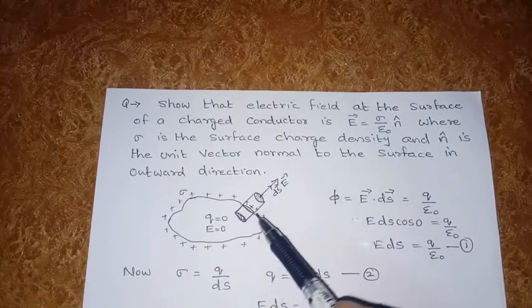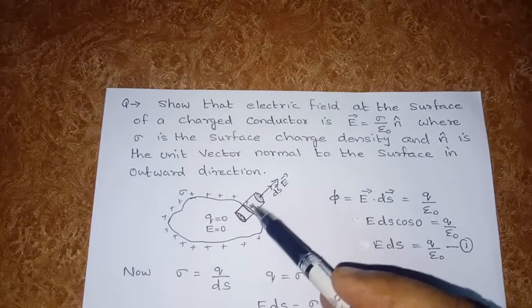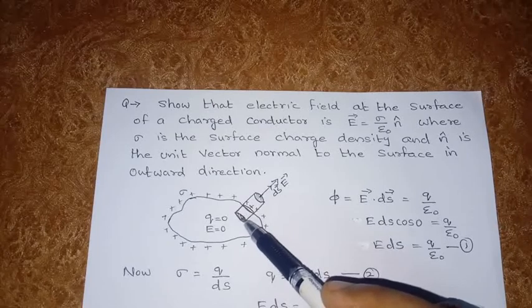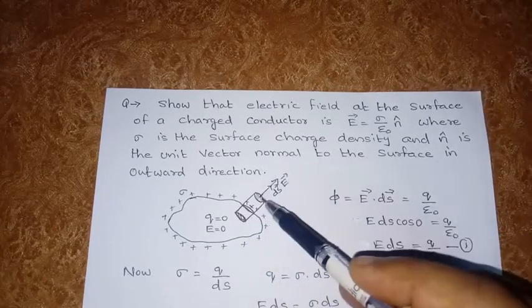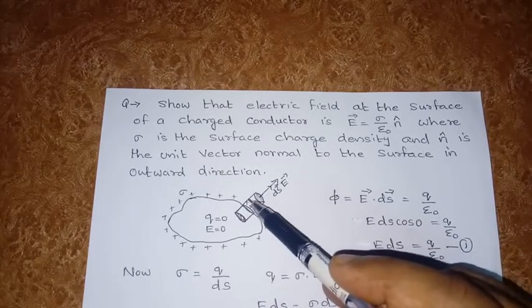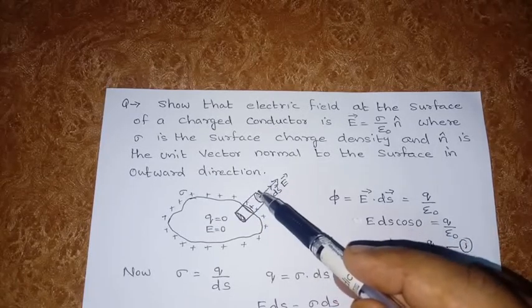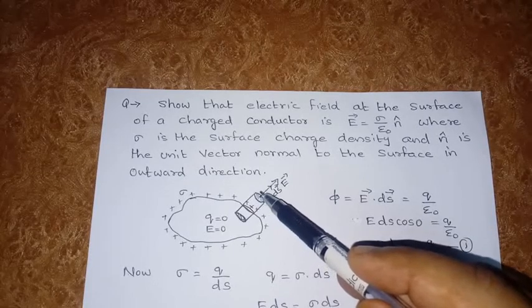The flux contribution is due to the part of the pillbox outside only, because in the interior the electric field is 0, so there will be no electric field lines and no flux. Field lines are radially outwards, therefore flux passes through this particular surface only, and on the curved surface the electric field and area vector are perpendicular. Where the electric field and area vector are perpendicular, flux is equal to 0.